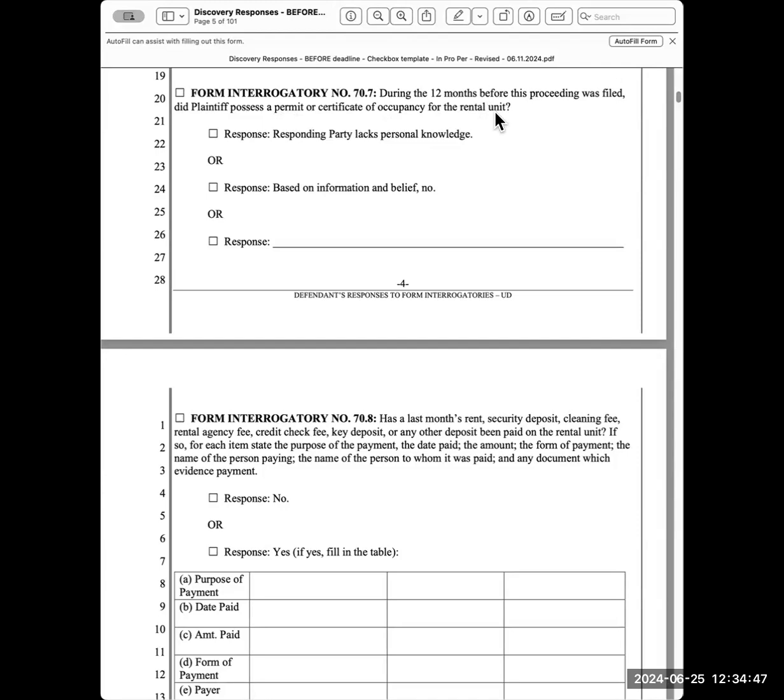And so this is a question that both the landlord and the tenant could conceivably answer. And if you don't know, you would check this one. If you know for a fact that there is no permit, no certificate of occupancy, you would check here. And any other response, you check here and put in the answer.